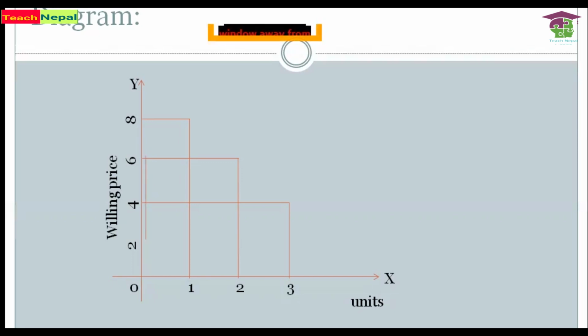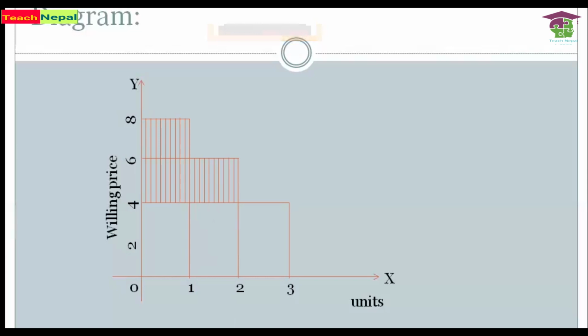That's why this difference between willing price and market price is the consumer surplus. For the second unit, this difference between willing price and market price is consumer surplus. For the third unit, there is no consumer surplus because willing price and actual price both are equal.